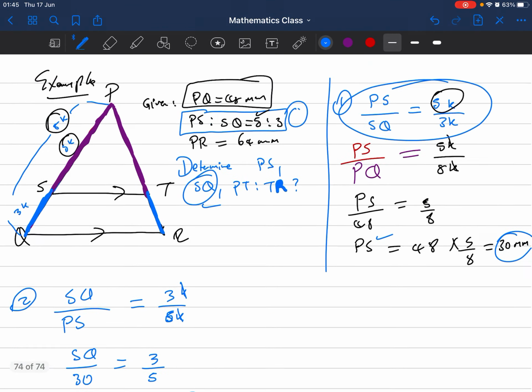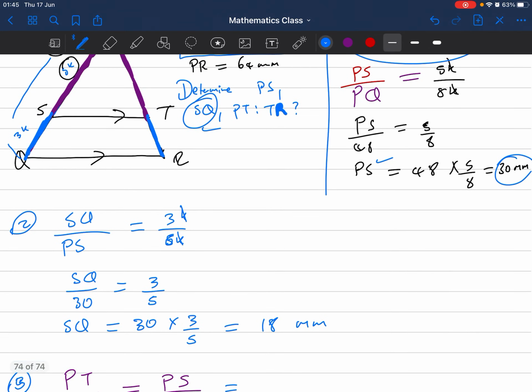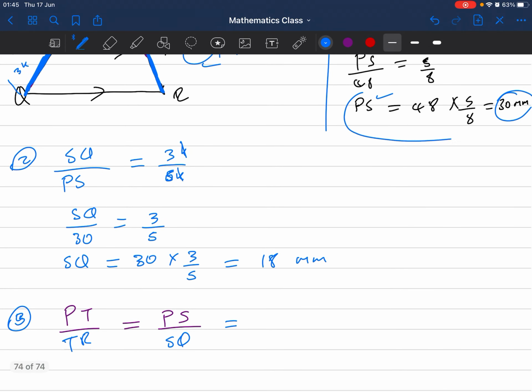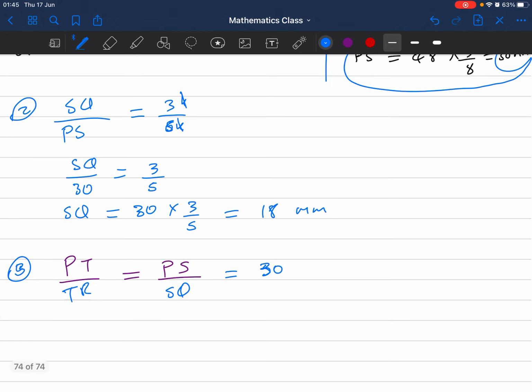Okay, so we now know what PS is. We've calculated PS is 30 millimeters, and we've calculated SQ is 18 millimeters. Now you can take a calculator and you'll find that you get 5 over 3.